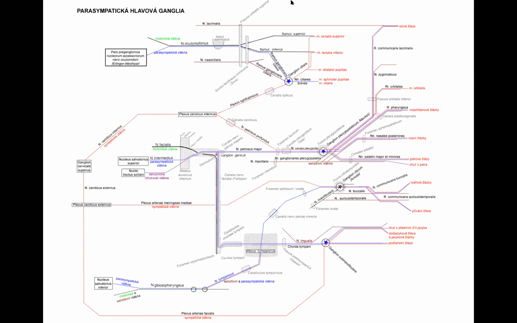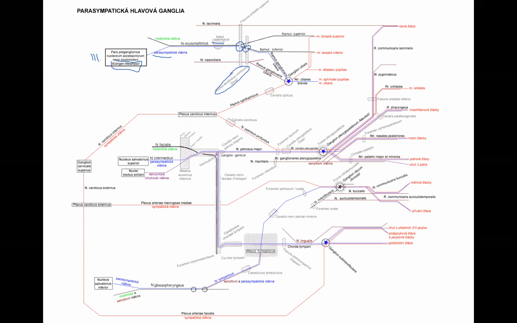So we start with the parasympathetic fibers from the oculomotor nerve. We are in the Edinger-Westphal nucleus, and the parasympathetic visceromotor fibers run through the oculomotor nerve, with the same topography: cavernous sinus, superior orbital fissure, common tendinous ring.